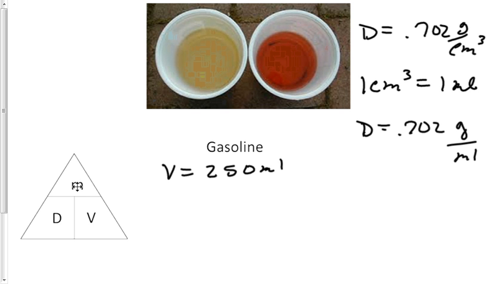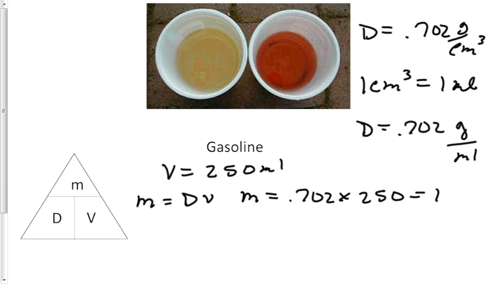Let me cover over mass. It's telling me to take density times volume. So mass is going to equal density times volume. So let's go ahead and do that. My mass is going to equal 0.702 times 250.